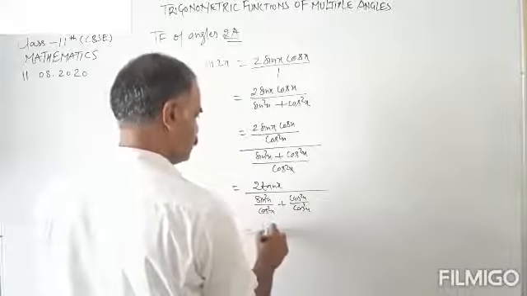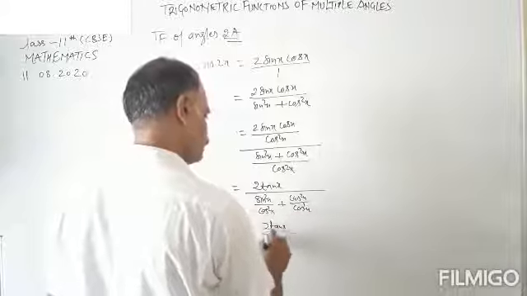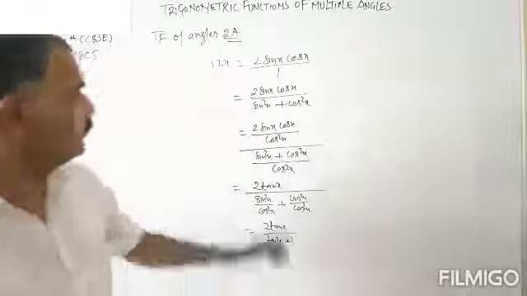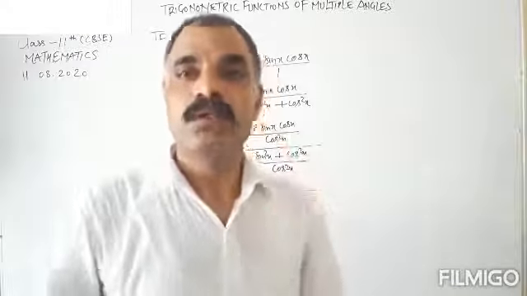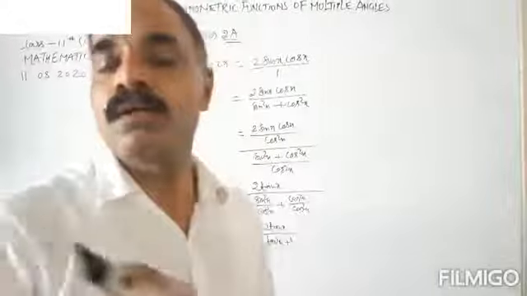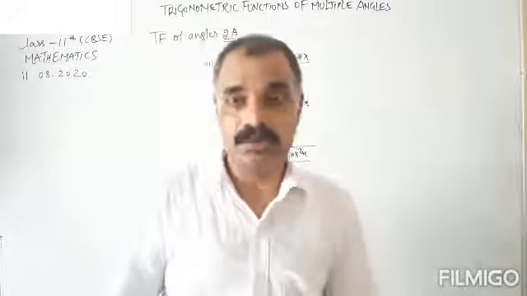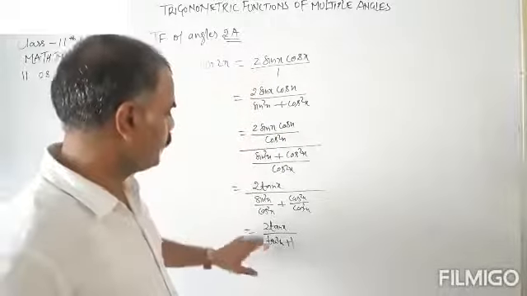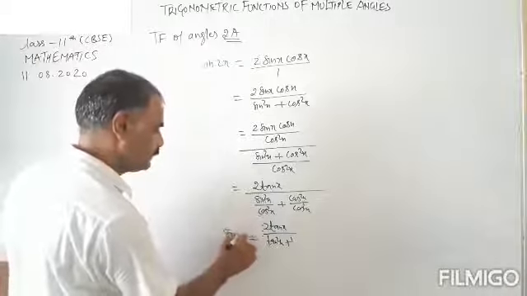So this is equal to 2 tan x upon tan square x plus 1. So this is the formula of sin 2x in terms of tan x: sin 2x equal to 2 tan x upon 1 plus tan square x.